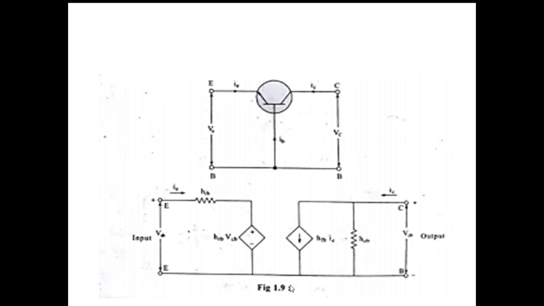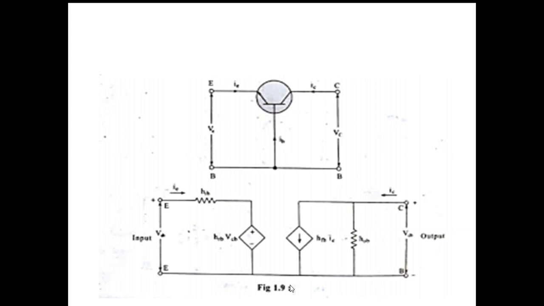Okay, let us stop here. Let us summarize today's video lesson. In today's lesson we discussed the definition of a transistor amplifier and the definition of hybrid parameters, which are four: H11, H12, H21, H22.